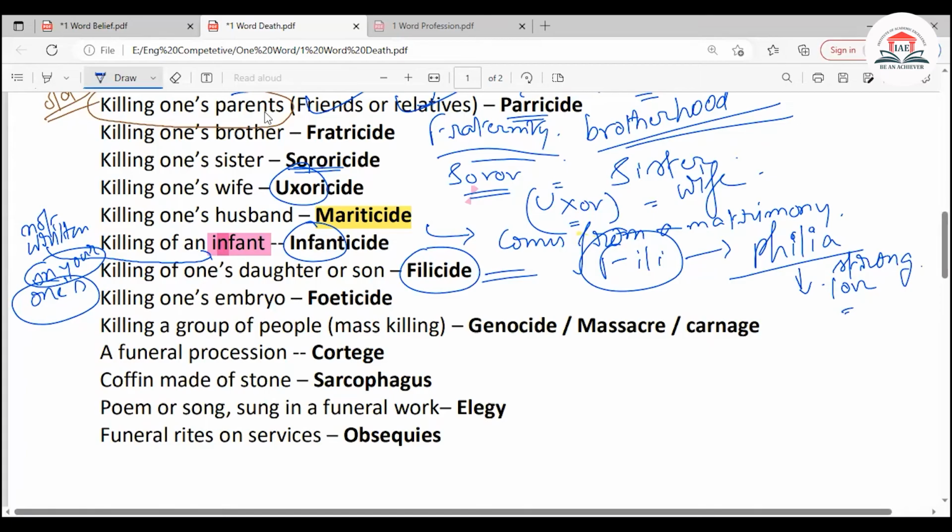Clear? Philia, phobia, mania. So we know all these things. Strong love. Now see, from there we have got the word filicide. Philia, filicide.